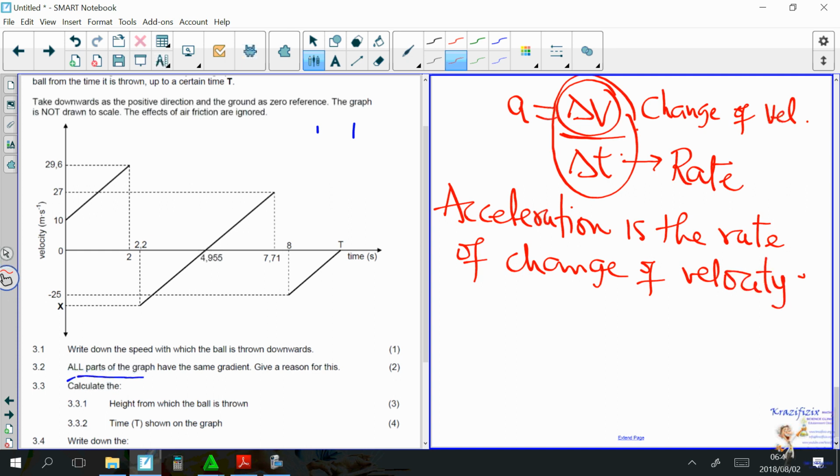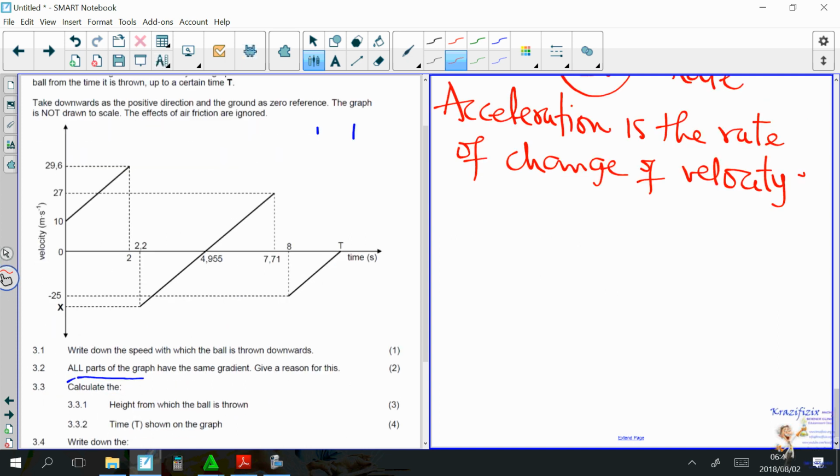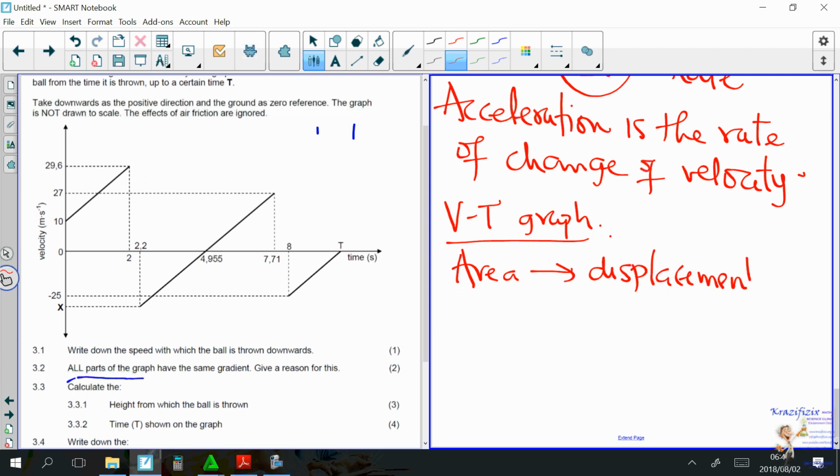That's your definition from a formula. You're done. All right, great. So we're saying here, under a VT graph, the area of the graph gives us displacement. And the gradient of the graph would give us acceleration. All right, very important concepts there.